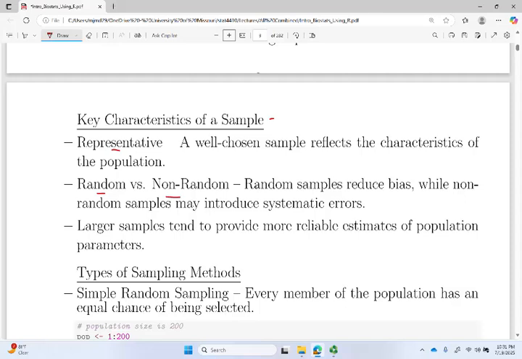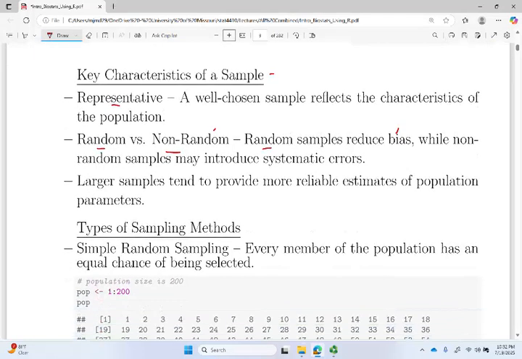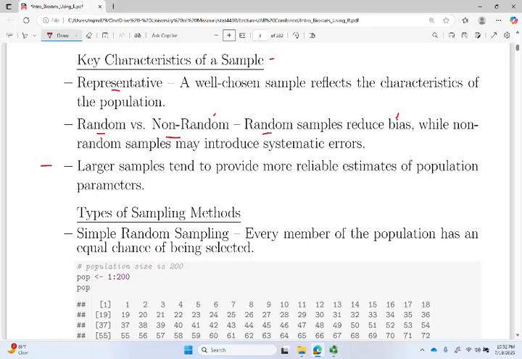Whenever possible, and you don't have to do this all the time, you can have non-random samples that create great science. But in general, randomness reduces bias, whether it's known or unknown. And of course, the larger the sample, the more reliable estimates of parameters it provides.